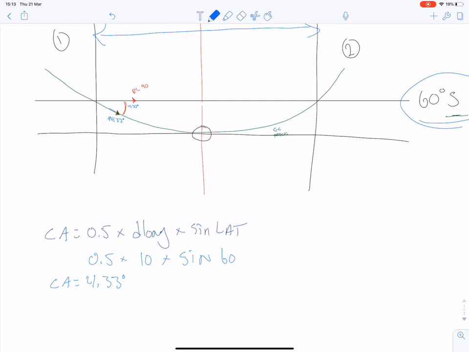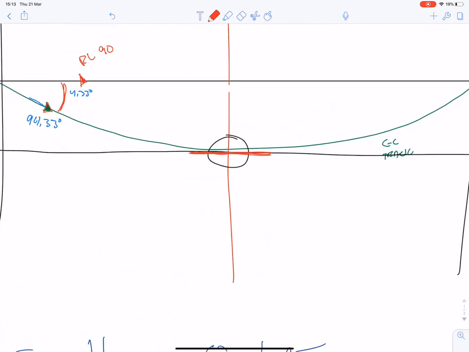Now, because we are looking for the latitude we're reaching, we need to add in another thought. We need to realize that at this point, the great circle and the rhumb line are parallel. So the great circle at this point will be 90 degrees in this direction. So it has changed from 94.33 to 90 degrees.